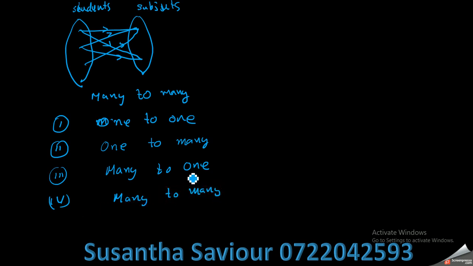Try to visualize these. Try to take some examples of your own and visualize these situations: one to one, many to one, many to many. As I said, you can have students and subjects, or you can have some numbers. Say for example, -1, 0, 1 go to 0, 1 when you square.